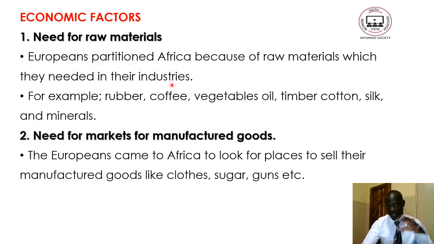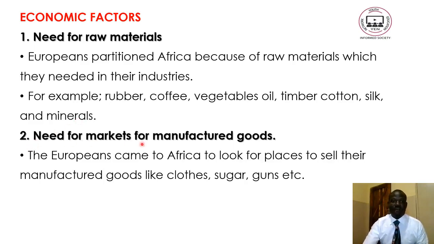As a result, they divided up Africa. On the raw materials, we talk of rubber, coffee, vegetable oil, timber, cotton, silk, and minerals. They wanted materials with which they could build their industries.